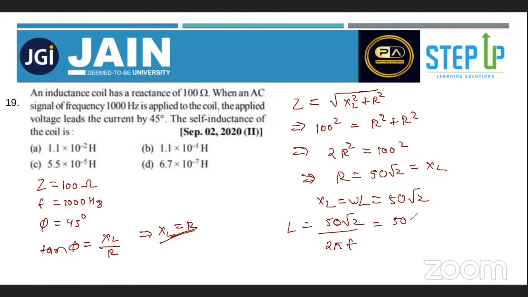So 50 root 2 over 2 pi into f, which is equal to 1000. This 1000 gets cancelled. 5 times 20, so it's basically root 2 over 40. If I'm trying to solve this, it will be basically equal to 1.1 into 10 raised to minus 2 Henry.